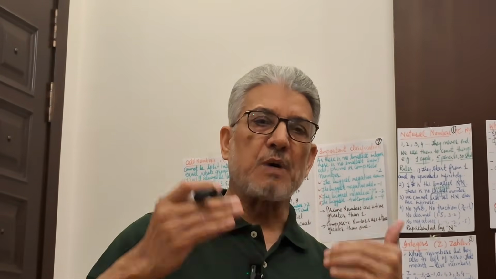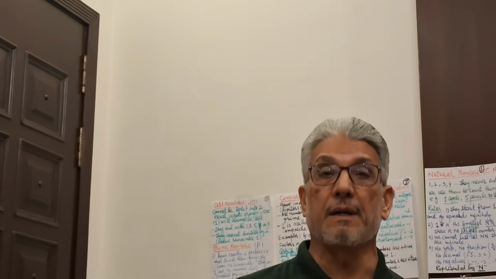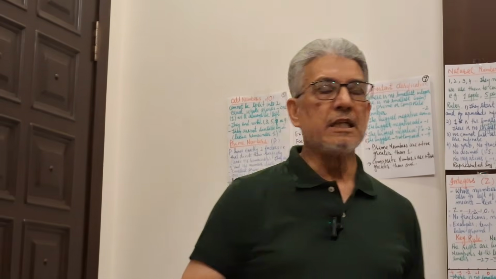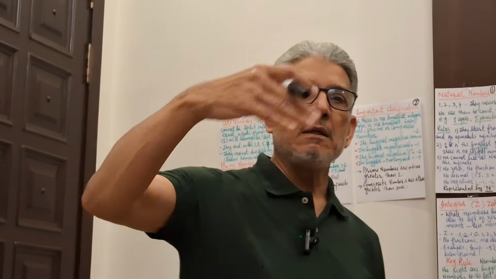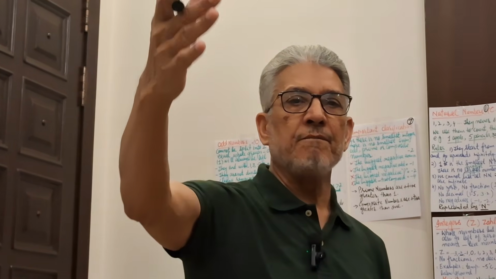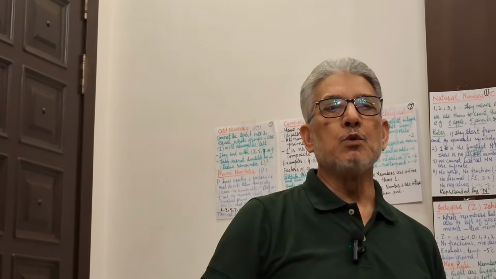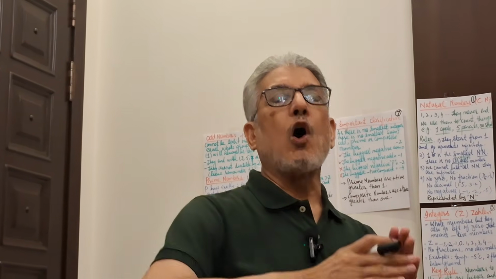You know the smallest natural number, which is 1, but you do not know the largest natural number, because there is no biggest natural number. They keep on going upward infinitely, and you cannot make a list of all the natural numbers.